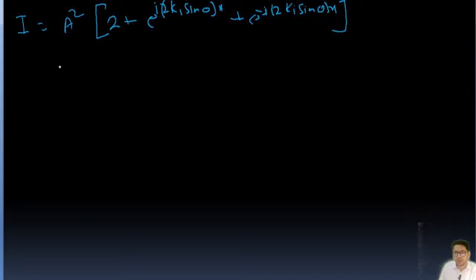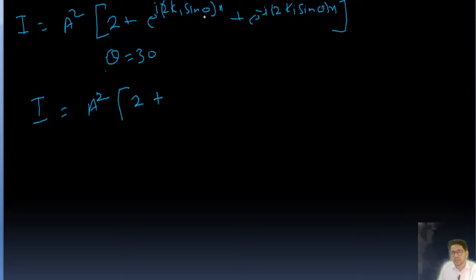Okay, so since theta equal to 30 is given, we will replace theta by 30, right? So I is going to be A square times (2 plus e to the power iota 2 k1 sin 30 x plus e to the power minus iota 2 k1 sin 30 x). The value of sin 30 is 1 by 2, so the 2 gets cancelled.